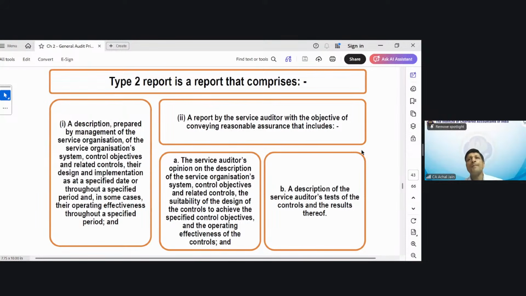Okay. Now what is it that the service auditor will provide here? A report by the service auditor with the objective of conveying reasonable assurance. About what?